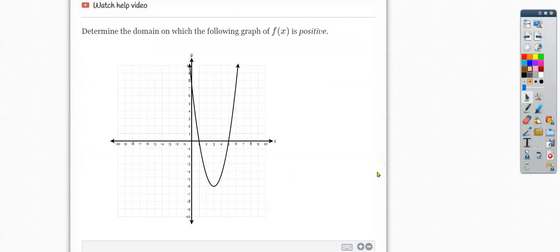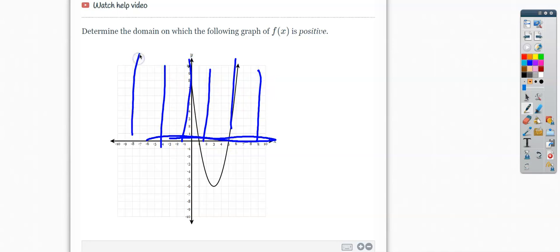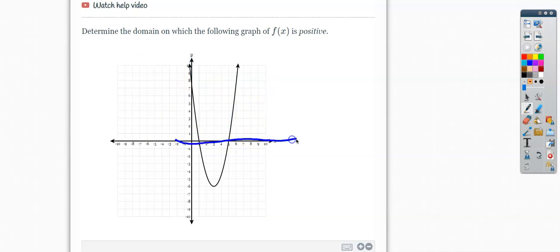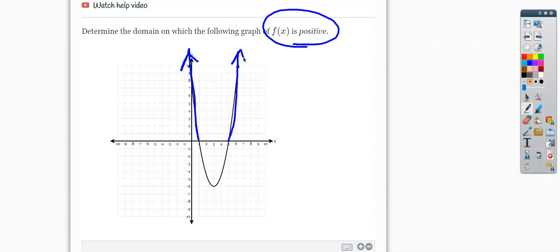All right, let's take a look at the positive and negative. That's different than increasing and decreasing. If you are positive, you are above the x-axis. And if you are negative, you are below the x-axis. They're asking us, when is the function positive? The function is positive here and here, but not from here to there. This is the negative part of the function.